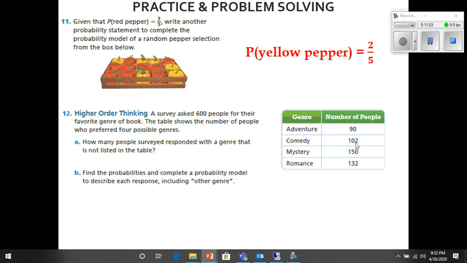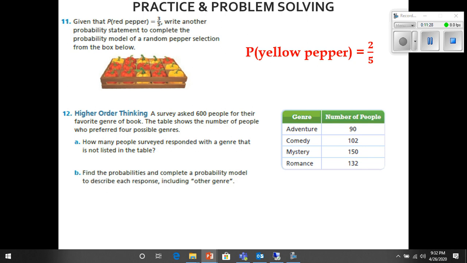And 384 plus 90 is 472, I believe. And now we have to subtract that from 600.